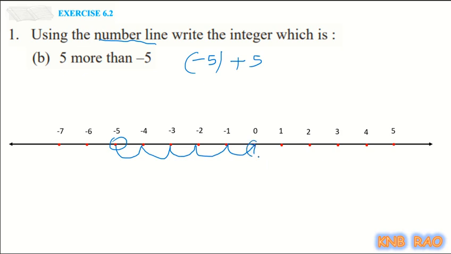Where do you arrive? We arrive at 0. So, 0 is the right answer.